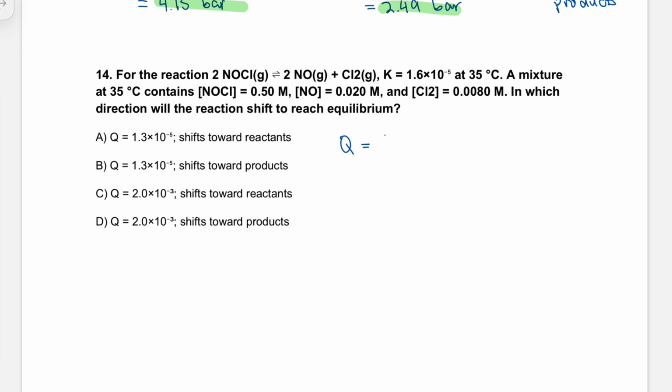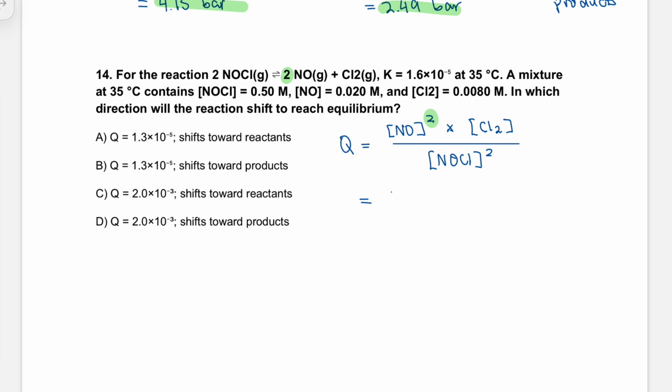So remember that Q is products over reactants, so it's going to be concentration of NO squared. Don't forget that the coefficient has to go in the exponent, times the concentration of Cl2 over concentration of NaCl squared. And now we just plug.